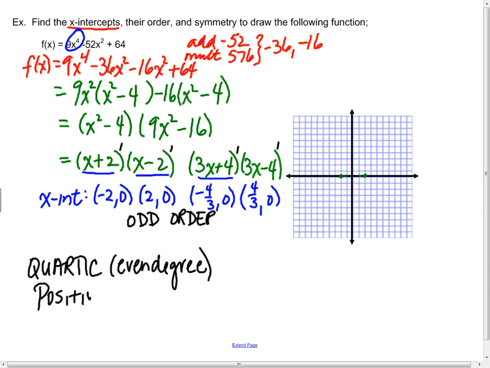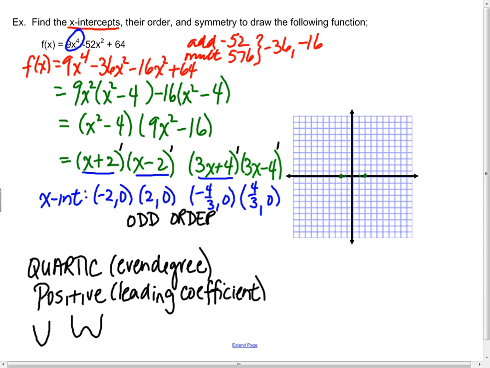Positive, because my leading coefficient is positive 9. So basically, I know the shape of this thing, similar to a quadratic, because I know a quadratic very well does that if it's positive. A quartic would be the same, but it might have some bumps in the middle. So I know what my end behavior is doing. What I know about these shapes is that as you go to the right, the function goes upwards, and as you go to the left, the function goes upwards.